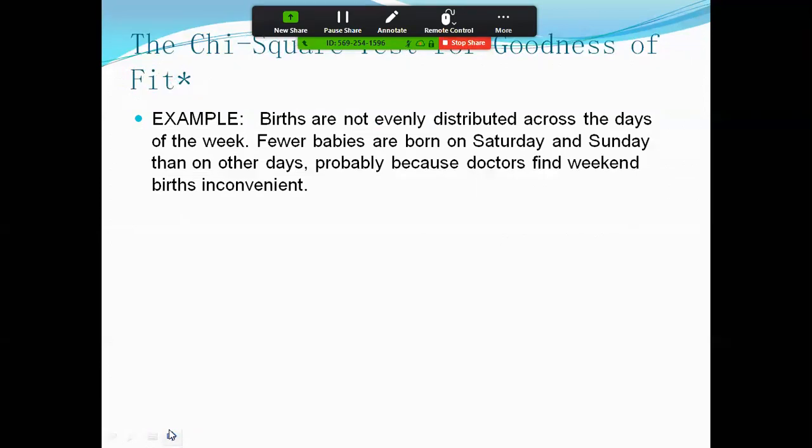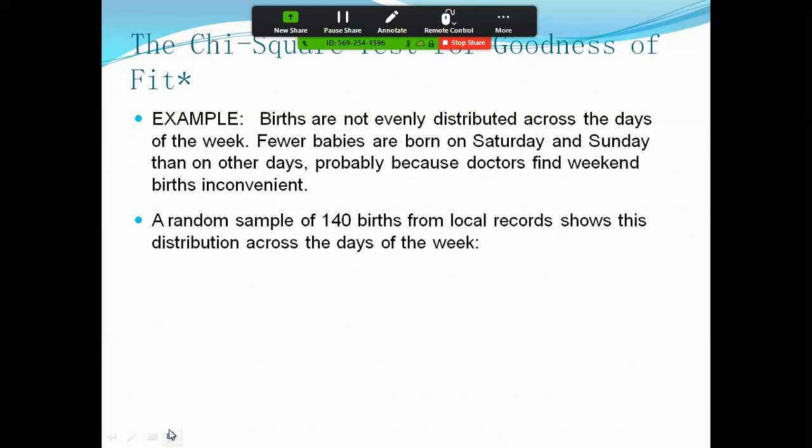Example: births are not evenly distributed across the days of the week. Fewer babies are born on Saturdays and Sundays than other days, probably because doctors find weekend births inconvenient.